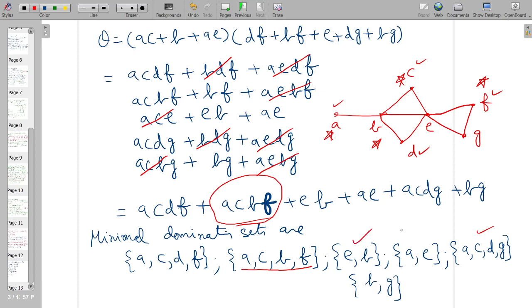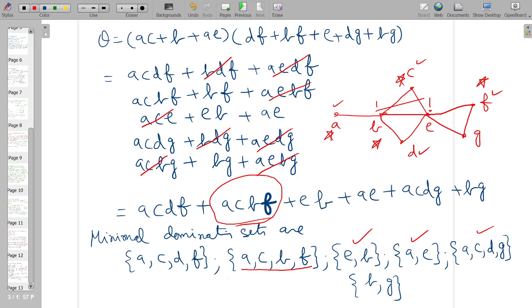Yeah, EB is there. EB is still a dominating set. Then AE, yeah, that is also a minimal dominating set. ACDG is a dominating set, and at last BG is also a dominating set.